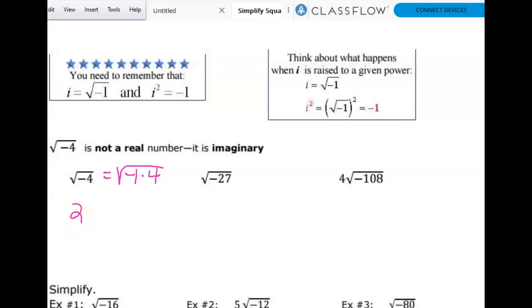And by definition, the square root of -1 is i. It's a definition. It's i for imaginary. It's an imaginary number, and so we use i.